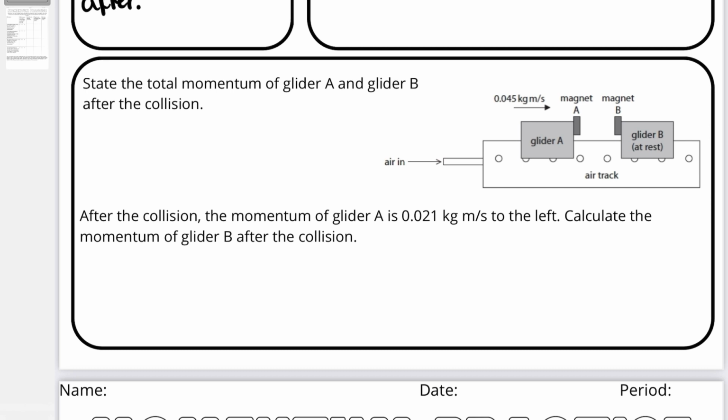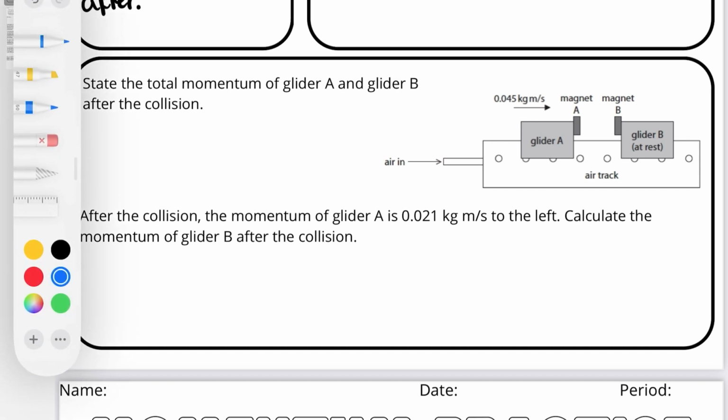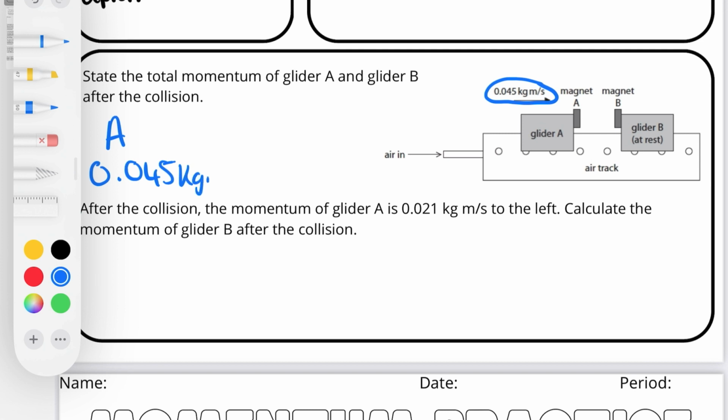So this picture here is before the collision, and we can see glider A has a momentum of 0.045 kilogram meters per second, and glider B is at rest, so it's 0, which means the total momentum after the collision must be equal to that, which is 0.045 kilogram meters per second.